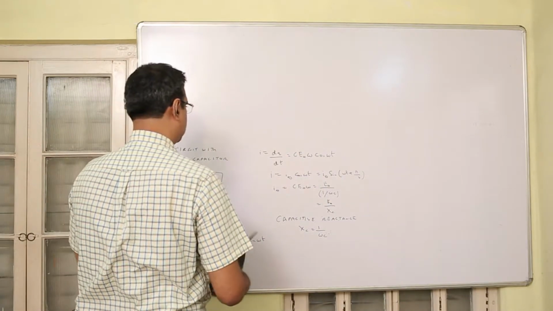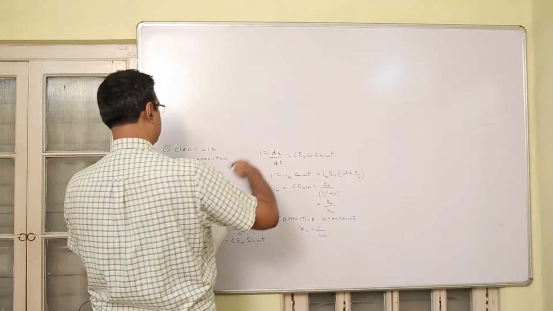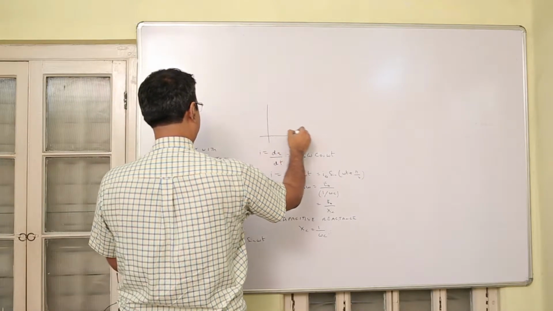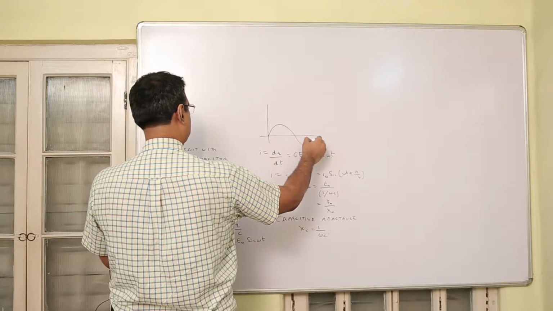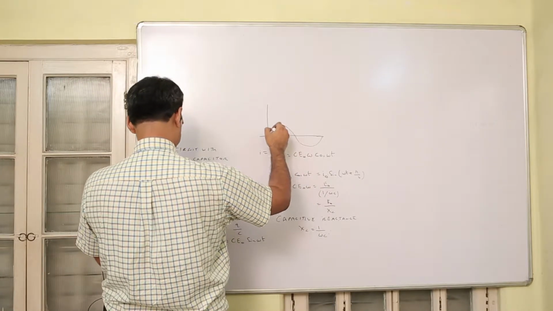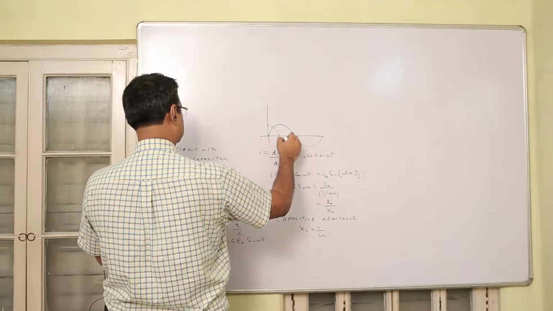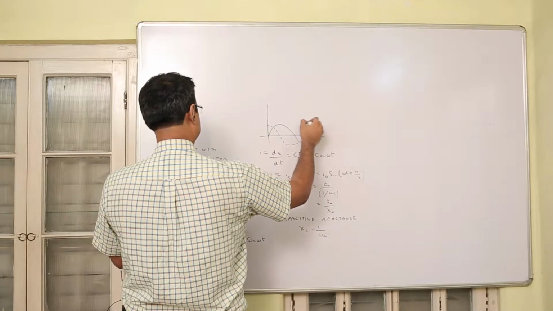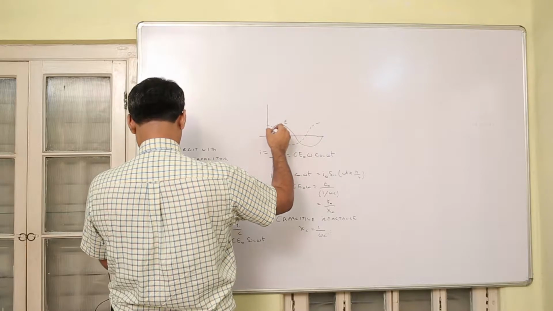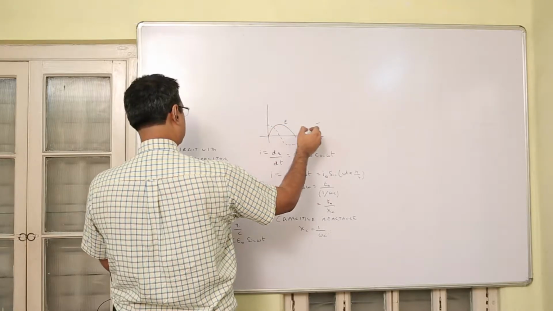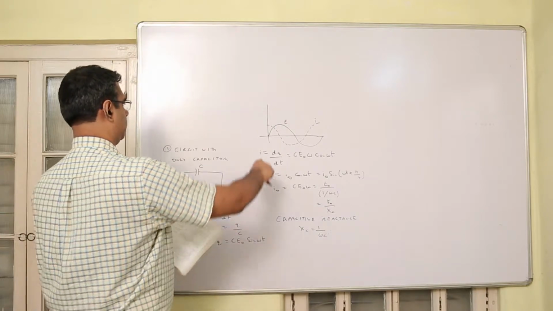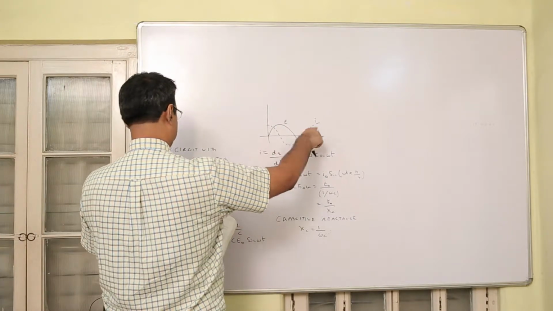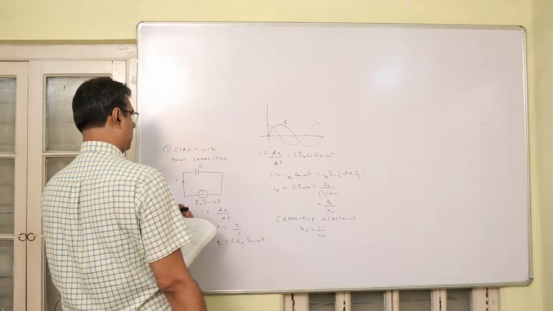Now if you try to graph the current and the voltage together, you will see that the voltage graph will be this and the dotted line will be the current graph.